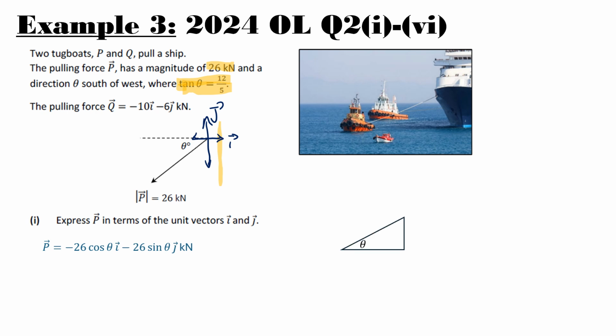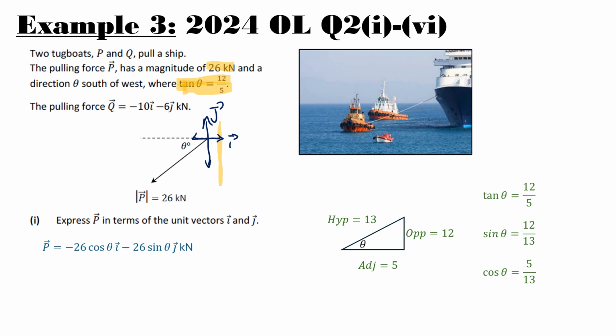Again, we've been given a little triangle. Let's work with that. So we've been told that tan of theta is 12 over 5. So that means the opposite is 12, adjacent is 5. You can use Pythagoras, but again, this is another very common right angle triangle. It gives us 13 as the hypotenuse, and then we can get our sine and our cos.